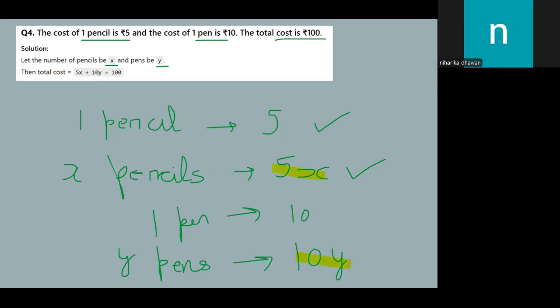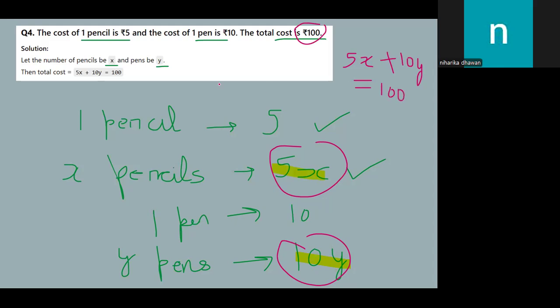It means the total cost is equal to 5x plus 10y, and also in the question the total cost is given as 100. So we can write it equal to 100. So we will get the equation 5x plus 10y equal to 100.